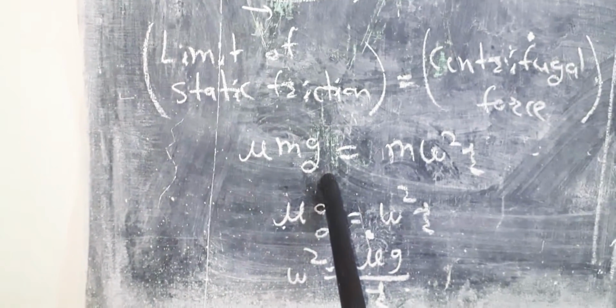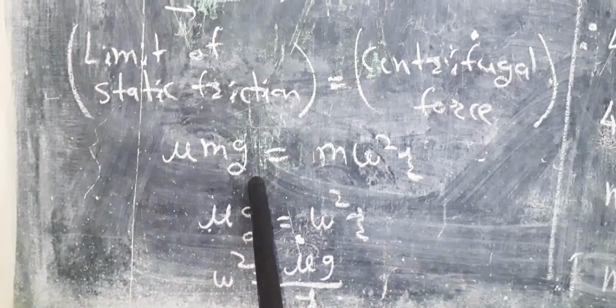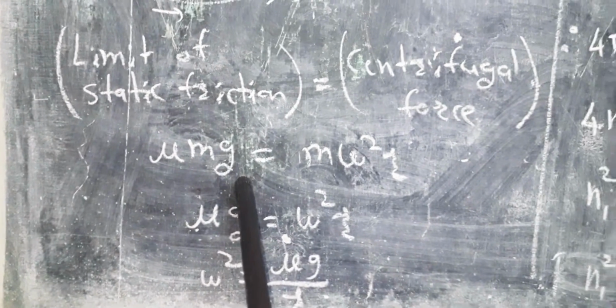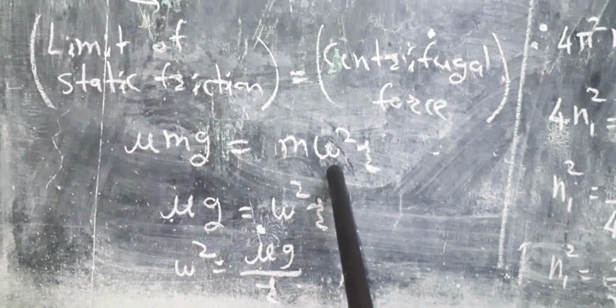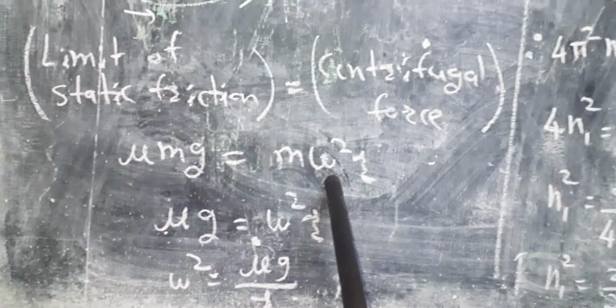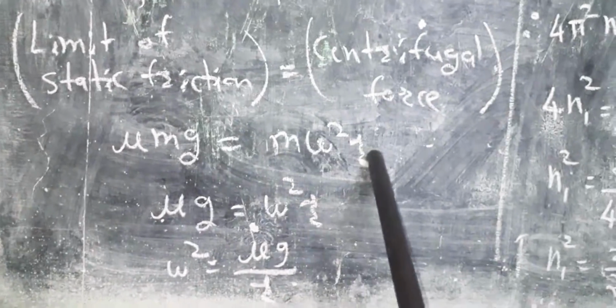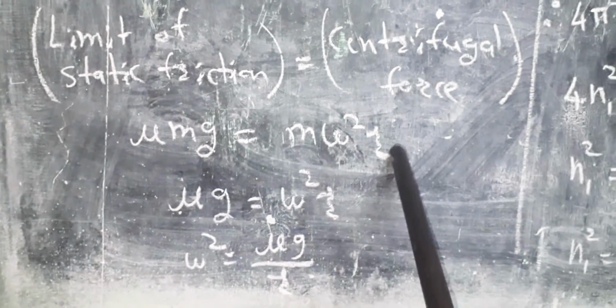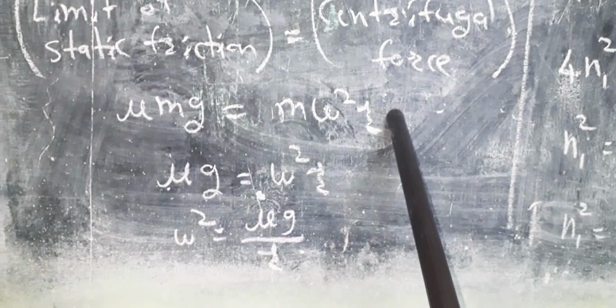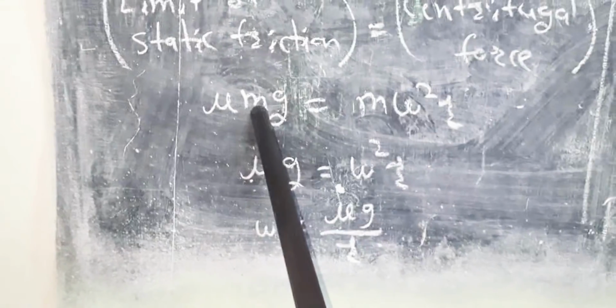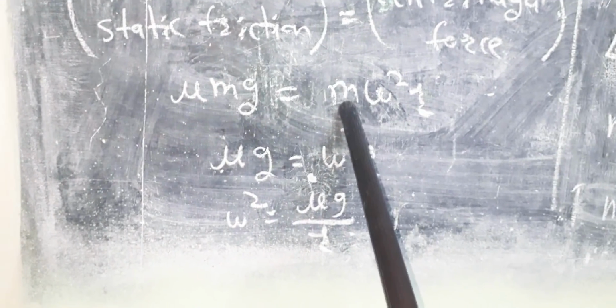We have seen this in the article on velocity along a horizontal circular path. Centrifugal force is given by the standard formula m omega square r, or we can say m v square upon r. So in place of this we write m omega square r, the standard formula. This m and this m get cancelled. So what is remaining?